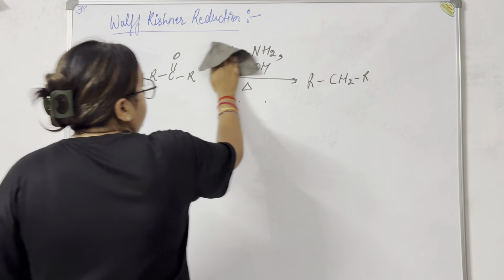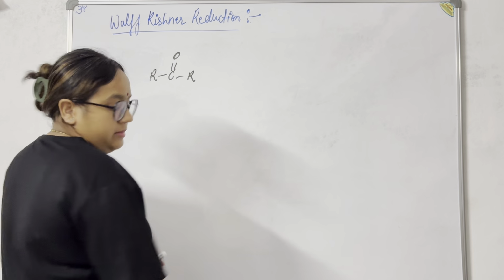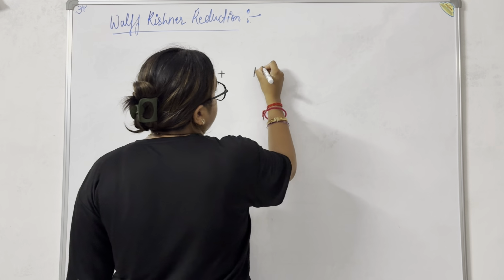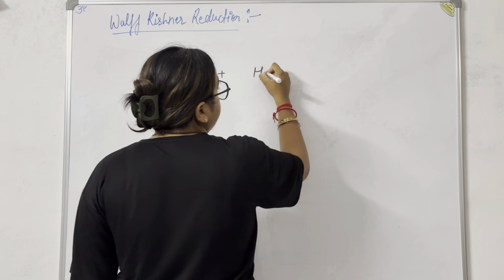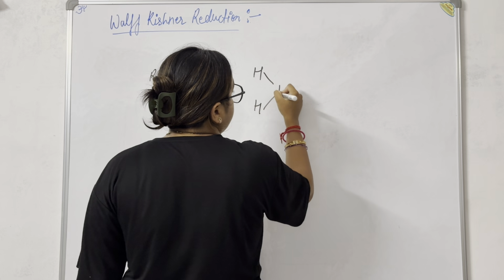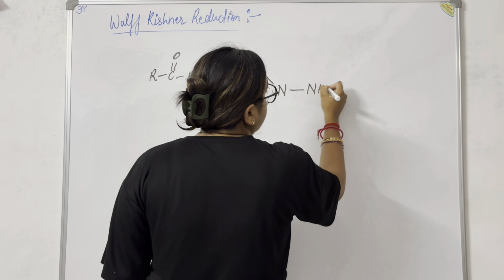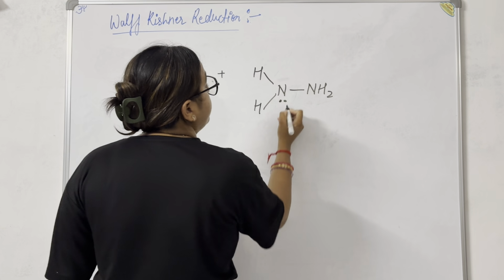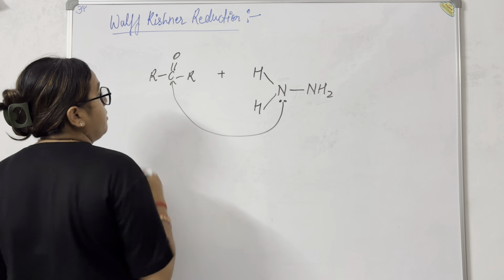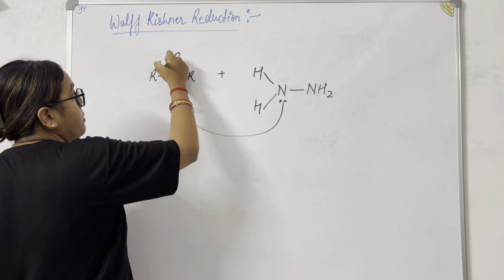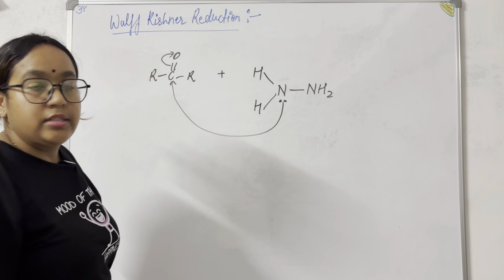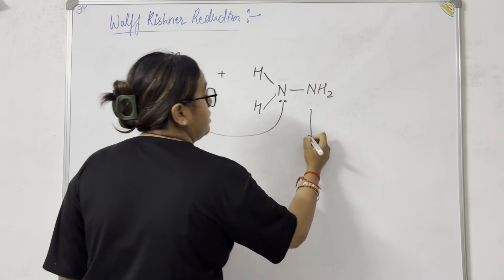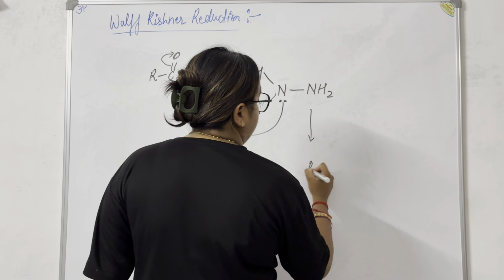So this ketone with hydrazine. Let me make a lone pair here. This lone pair attacks the carbon atom and the bond breaks towards the oxygen, which then attains a negative charge. So it will be like that.